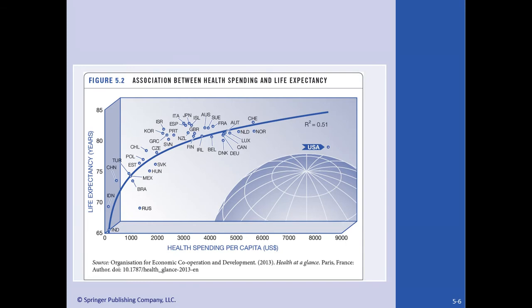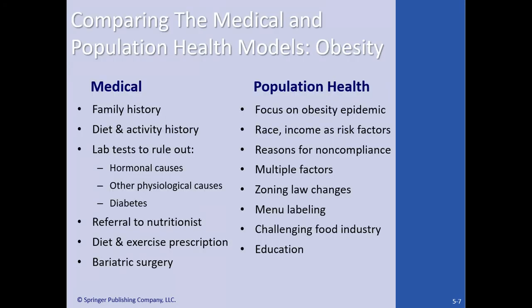What we know and have clearly shown in our reading so far is that we spend lots of money on healthcare in this country, and yet our life expectancy and many other indices of health and well-being are lower. We spend more, we get less. And that more or less dispels the notion that healthcare is the sole determinant of health.